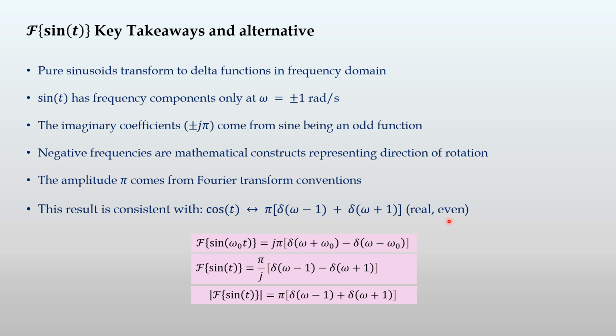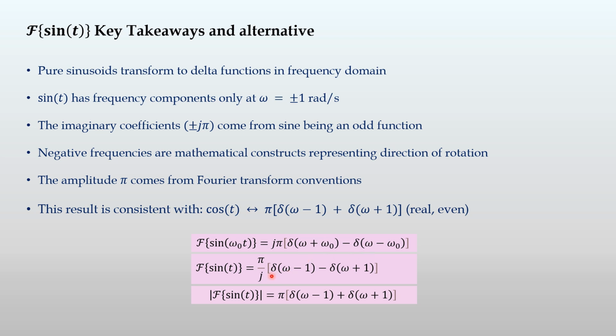Several equivalent formulations of the Fourier transform result are commonly encountered in the literature. The generalized form for a sine function with arbitrary frequency is expressed as jπ times the quantity δ(ω plus ω₀) minus δ(ω minus ω₀).